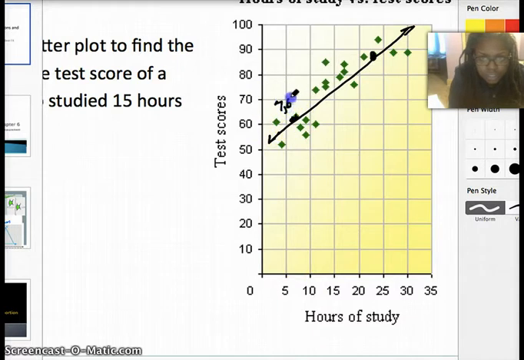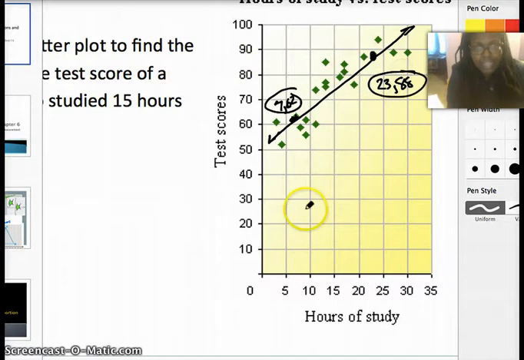So 7 hours of study got us 62 for one student. And then this one over here looks like about 20, I'm going to go with 23 hours, and that looks like an 88 to me. So 23 and an 88.